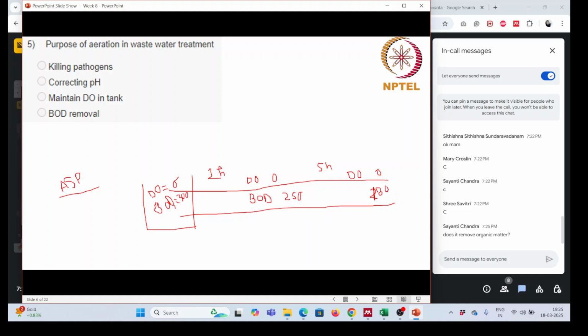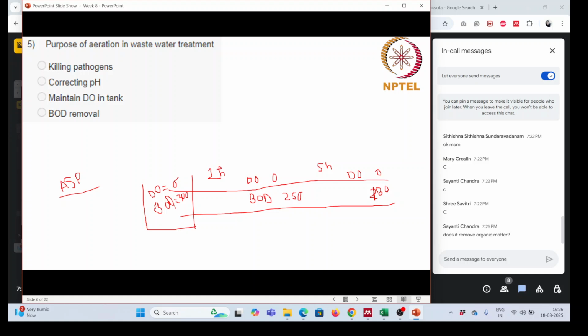Yeah, BOD is the measure of organic matter only. So yes, because we are providing aeration, the heterotrophic aerobic bacteria will grow, and in the same process they will consume organic matter. So that is why BOD is being removed. BOD is the measure of organic matter in terms of oxygen.